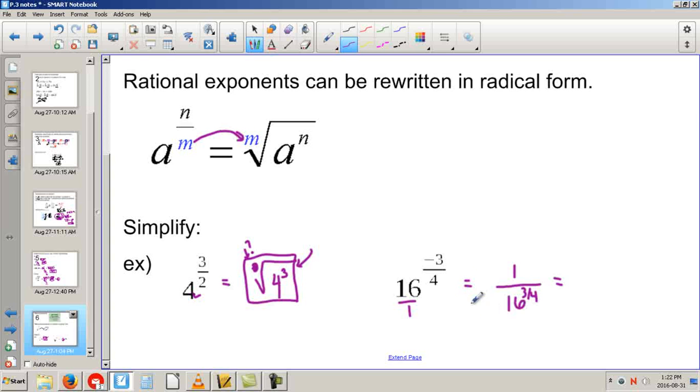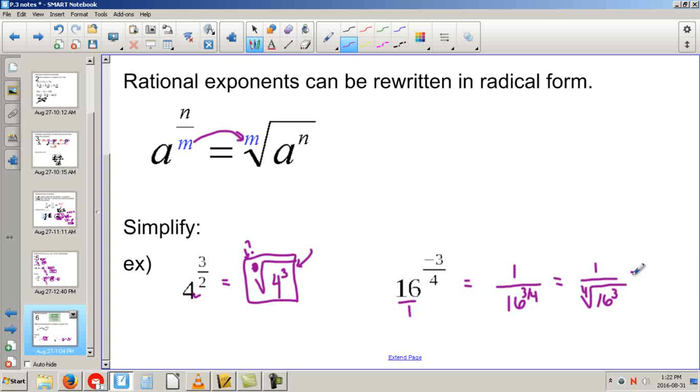And so what I'm going to do now is 1 over, here's my root, here's my 16. This part of the root right here is the bottom of the fraction, which would make it a 4th root. And it's 16 cubed.